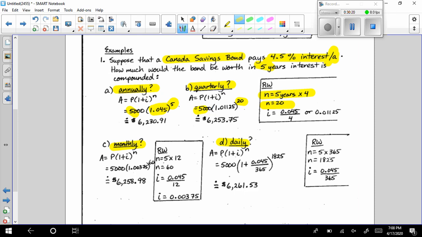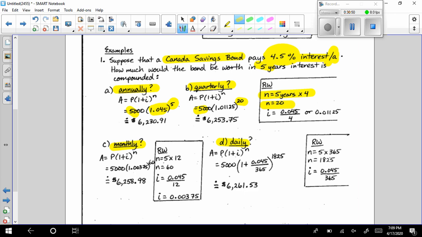Again, my principal is the same. And we also have to be careful about the i value. If interest is calculated more frequently than once a year, it's always going to affect your n value and always going to affect your i value. So I've taken that annual amount of interest, the 4.5%, changed it to a decimal number, but I have to divide it by 4, because that 4.5% is over the span of the whole year.